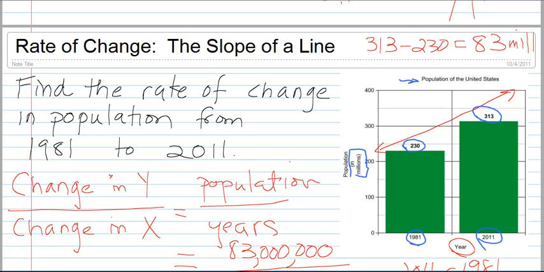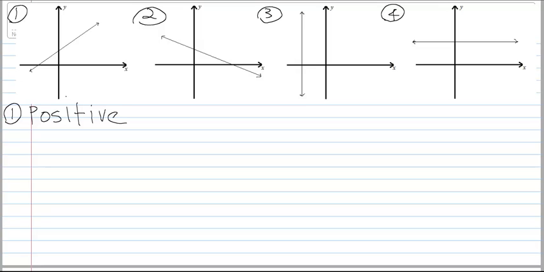Notice that that bar graph shows an increase from left to right. Well, when we're working with lines that increase or go uphill basically from left to right, we describe that as rising from left to right. And we always read our lines from left to right.